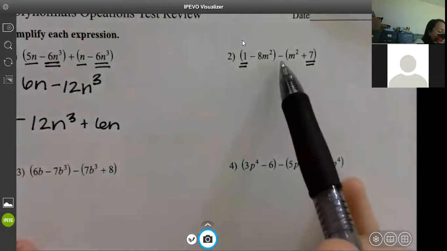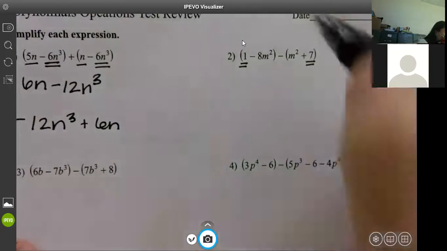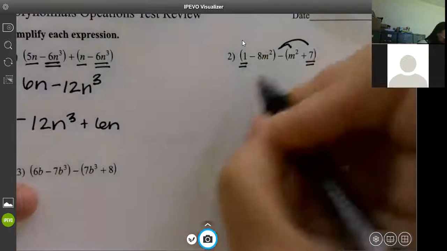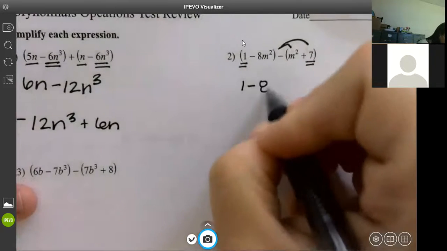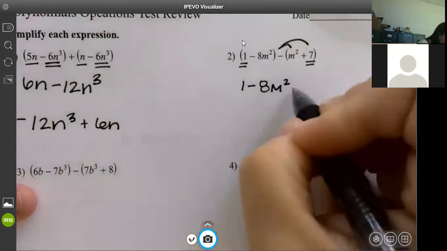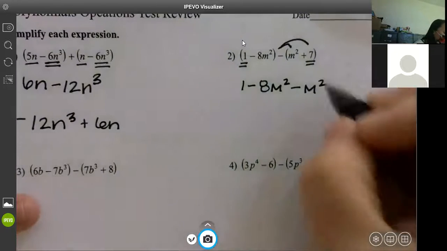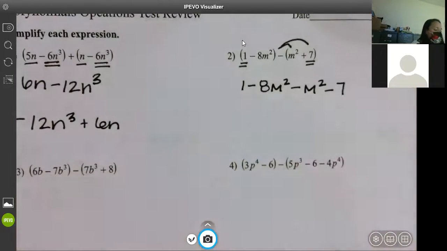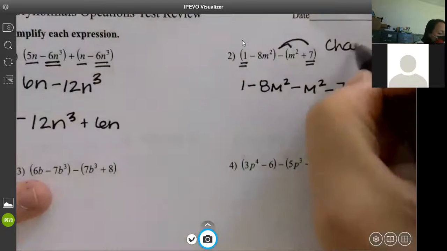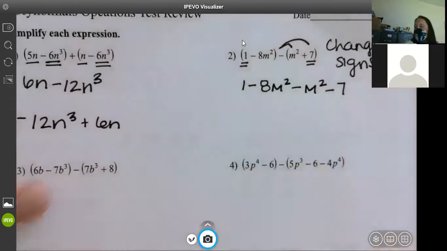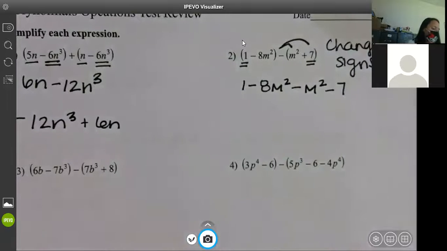On the next one, we have a 1 and a 7. But what we don't have is this, if you guys look, there's a minus between. We need to distribute that. So make sure that you change those signs. And I told you, all you're going to do is rewrite the first step and then make it a negative m squared and a negative 7. So change the signs. Okay.